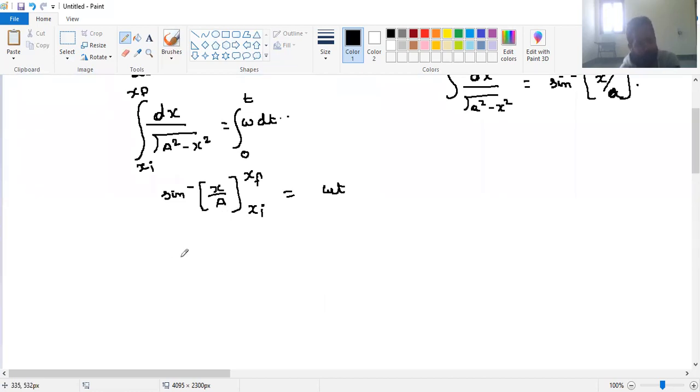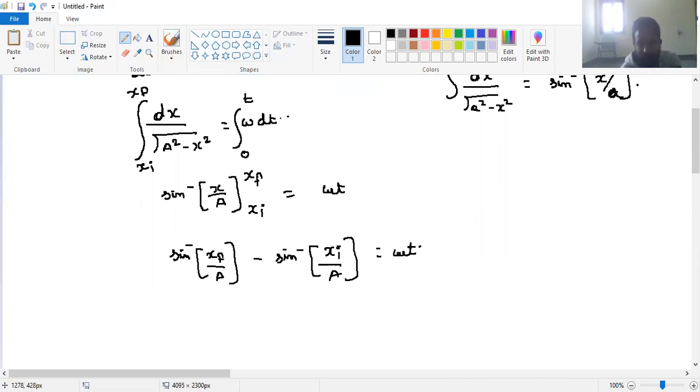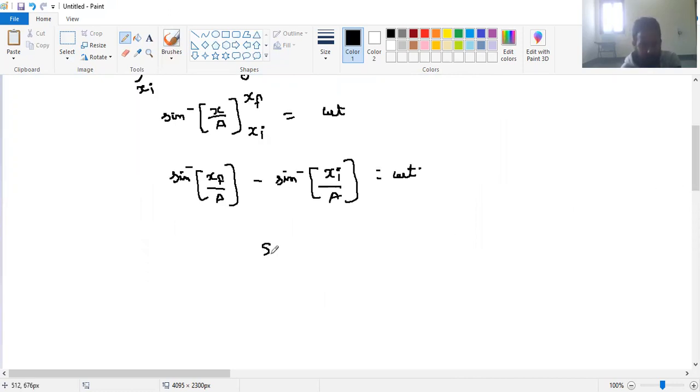So sine inverse x final by a minus sine inverse x initial by a is equal to omega t. So sine inverse of x final divided by a is equal to omega t plus sine inverse x initial by a.